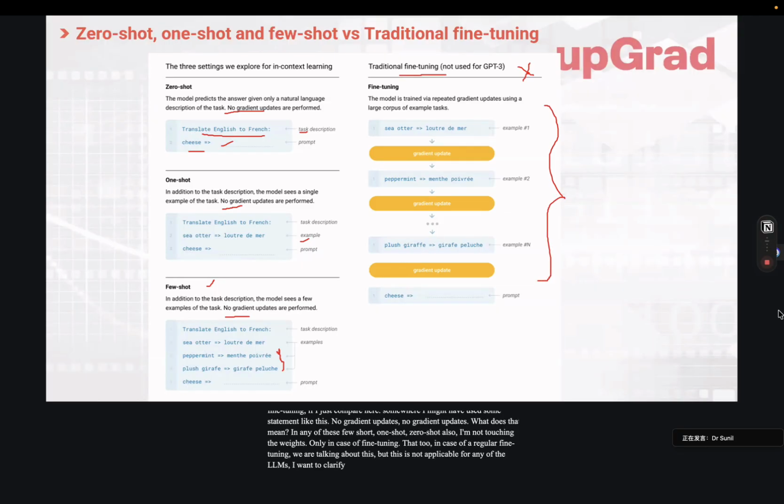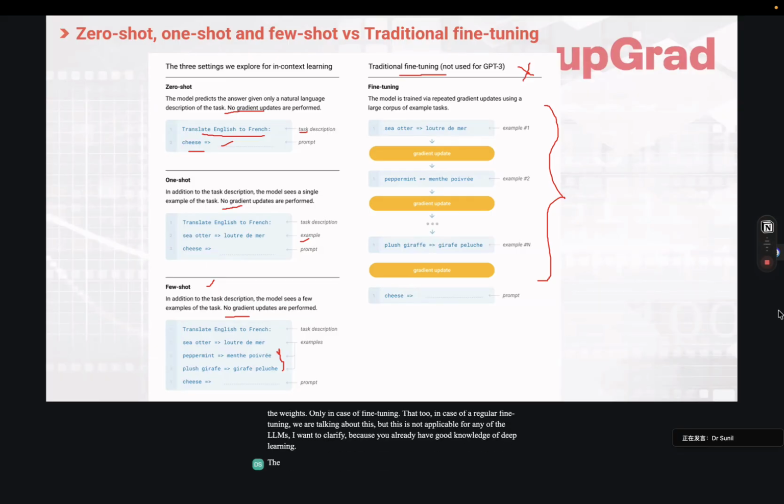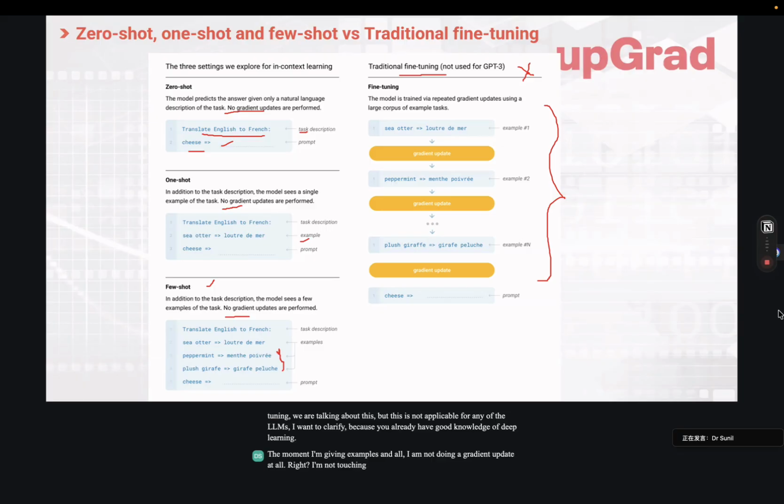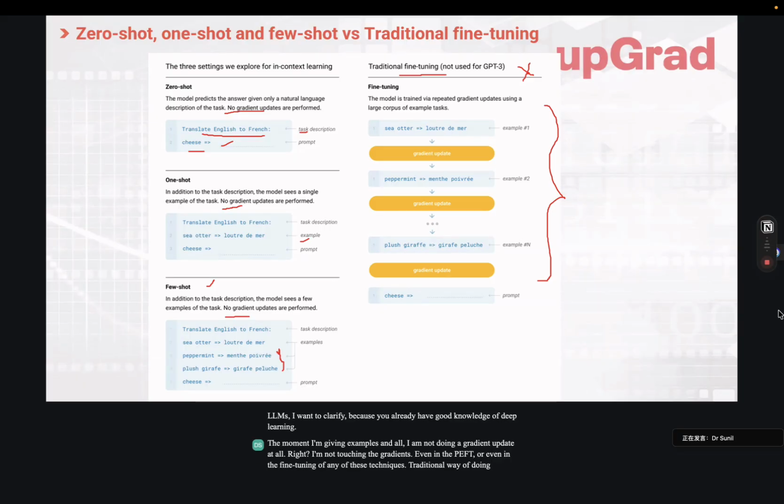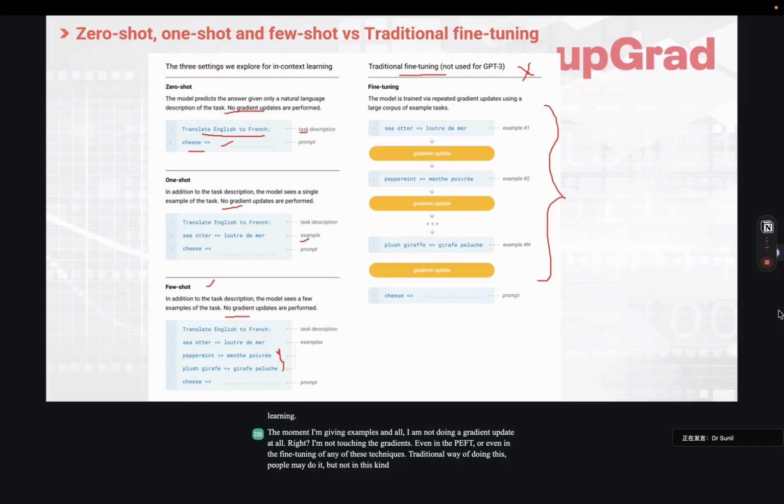I want to clarify because you already have good knowledge of deep learning. The moment I'm giving examples, I am not doing a gradient update at all, right? I am not touching the gradients, even in PEFT or the fine tuning of these techniques. The traditional way of doing this, people may do it, but not in this kind of LLMs. That's the point we want to clarify.